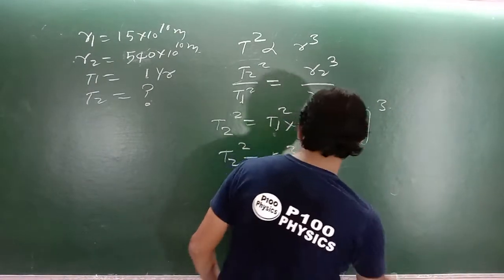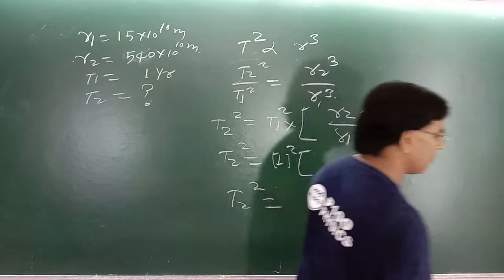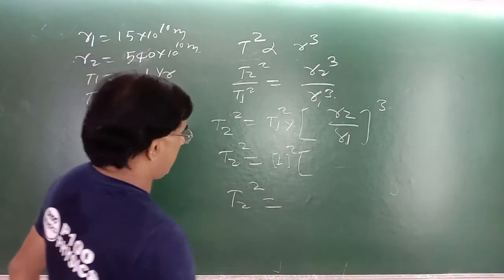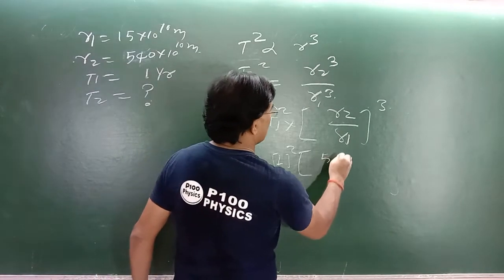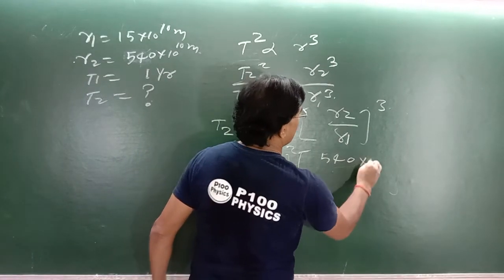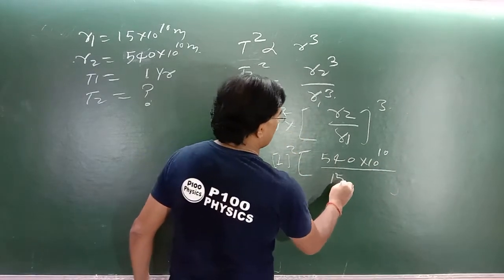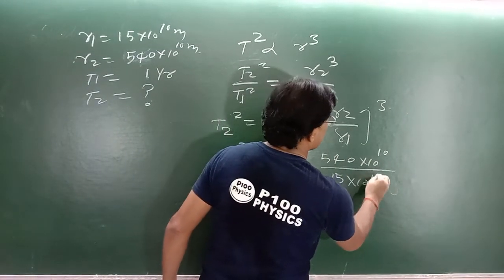In your real question, the value of R2 is 540 into 10 power 10 upon R1, and R1 was 15 into 10 power 10.